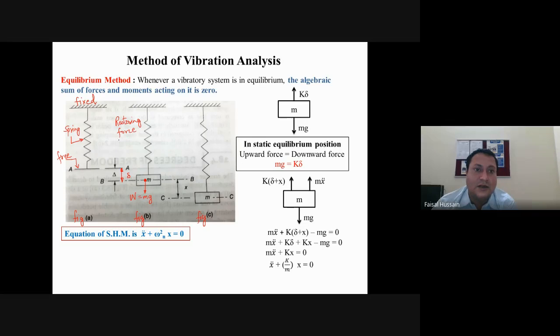Restoring force is also known as spring force. This spring force is K into delta, and its direction will be opposite to the mass.